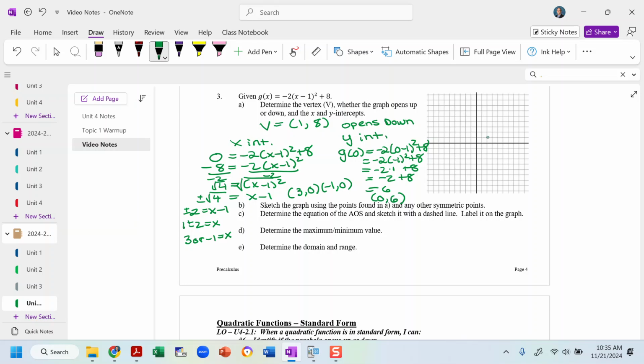So now sketching this at 1, 8, which is up here. Okay, I go up one more, sorry. And then the y-intercept is 0, 6.